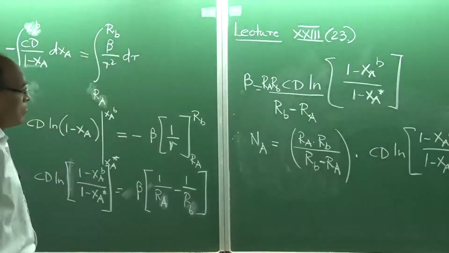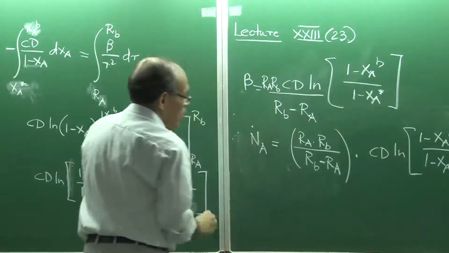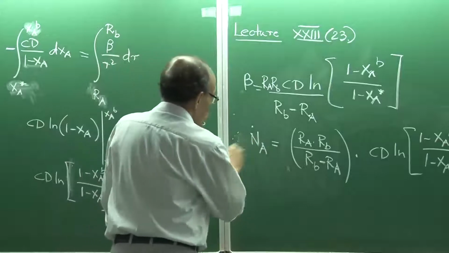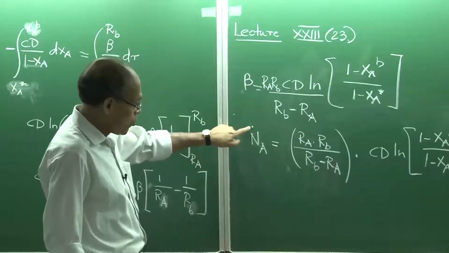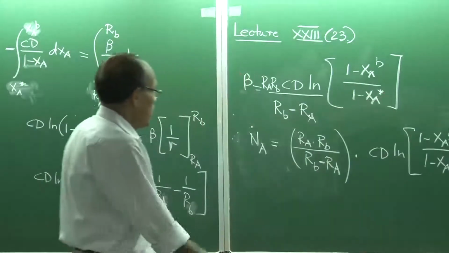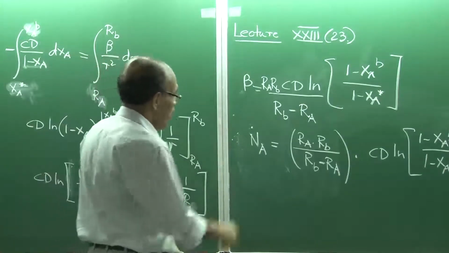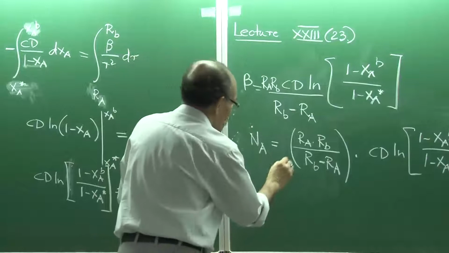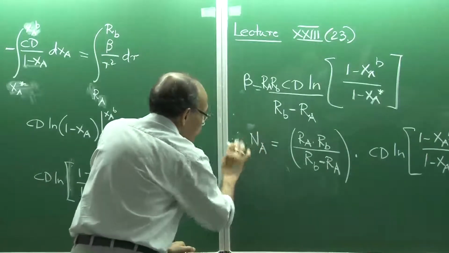And if we want to do it like this, then this now represents the rate of transfer, because I have put the dot here. The earlier N_A was something like double prime, so that was flux, and for this I have to multiply. So we will have beta by r square, that is the flux. So let us do it in one step.